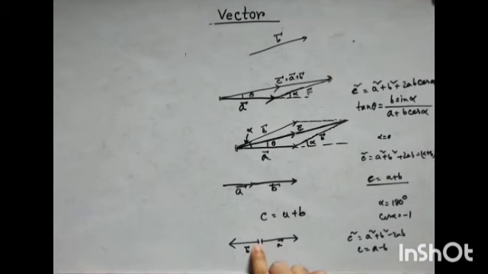So if you put this b vector from the end point of a, suppose we put this b vector from this point to this point, we know that the vector from the initial point to the final point will be the c vector, so that will be equal to a minus b.